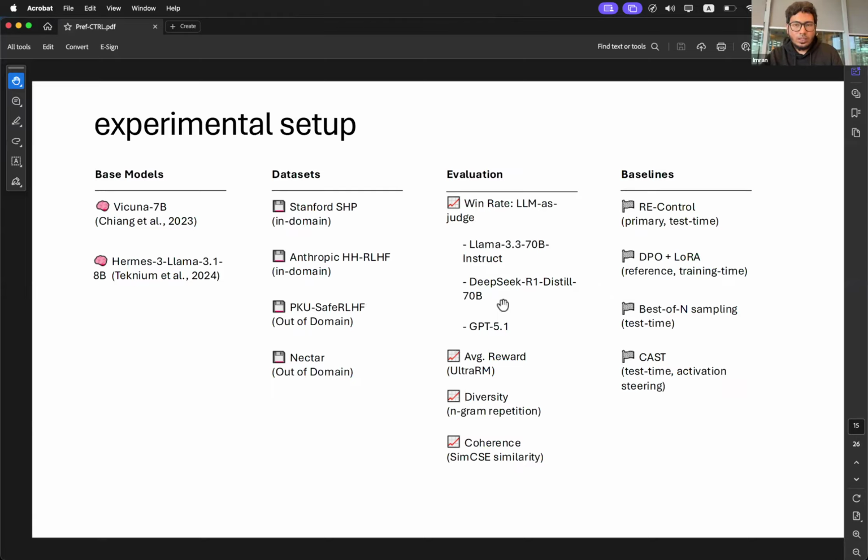The LLM as a judge is required to score these responses between 1 to 10, or it could be a binary score. If the score for the preferred one and the generated one differs by a margin, then it is counted as a win. If not, it is counted as a loss.